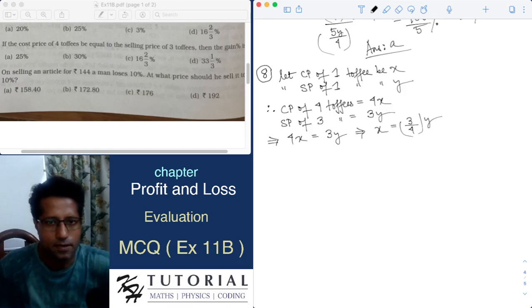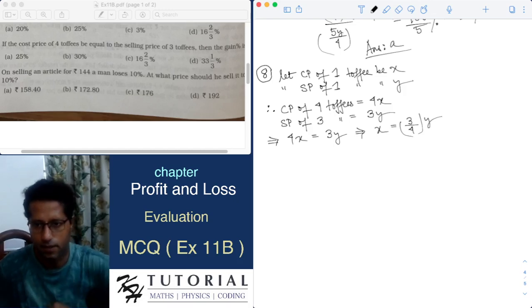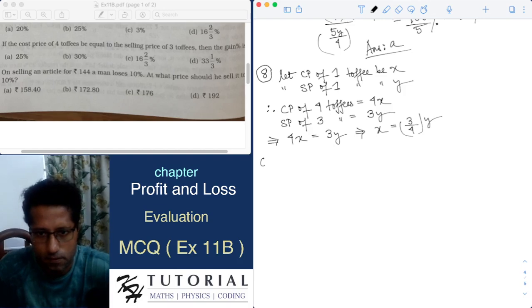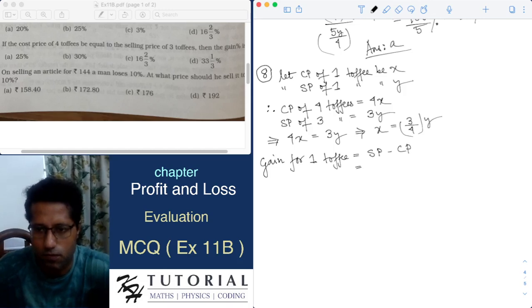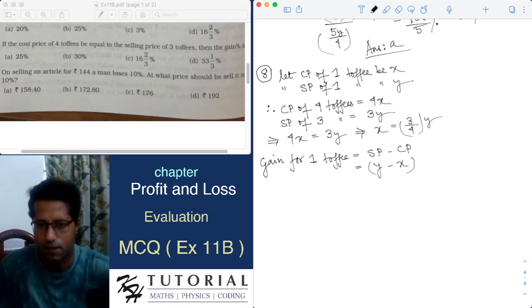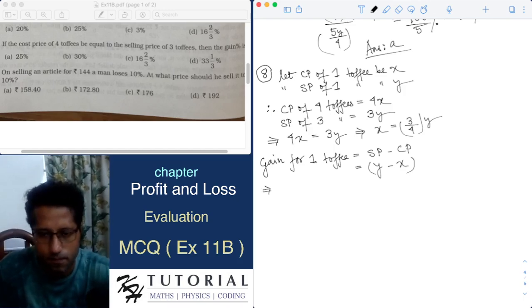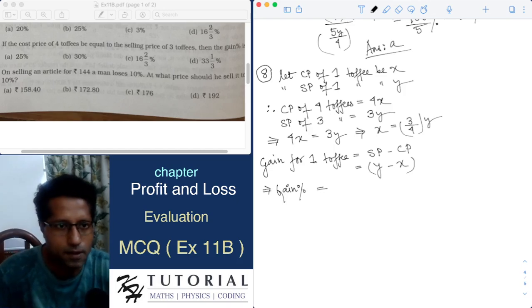Now it is saying that then the gain percent is, we have to find the gain percent. Now gain for 1 toffee is the selling price minus the cost price of 1 toffee. The selling price we have assumed to be y, and the cost price is x for 1 toffee. So gain for 1 toffee is y minus x. This implies gain percent. It has asked gain percent, right?